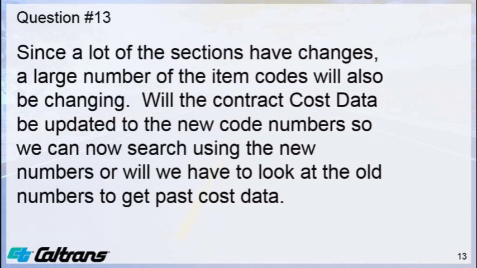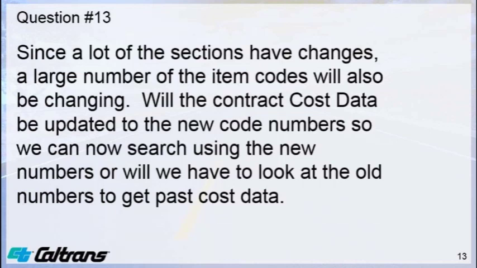Question 13. Since a lot of the sections have changes, a large number of the item codes will also be changing. Will the contract data be updated with the new codes, so we can search using the new numbers, or will we have to look at the old numbers to get the past cost data? The cost data book will be based on the contract bid item codes.